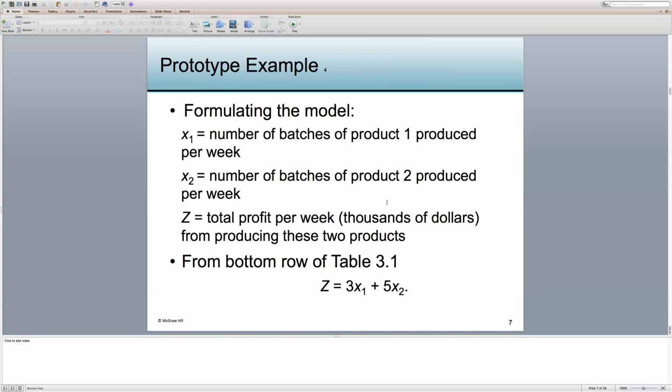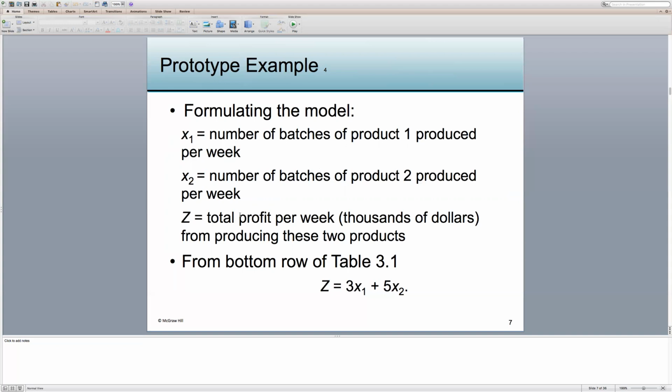So then you have to make a mathematical model that includes and presents all of this information. So let's say X1 will be the number of batches of product 1 produced per week. And X2 is the number of batches of product 2 produced per week.